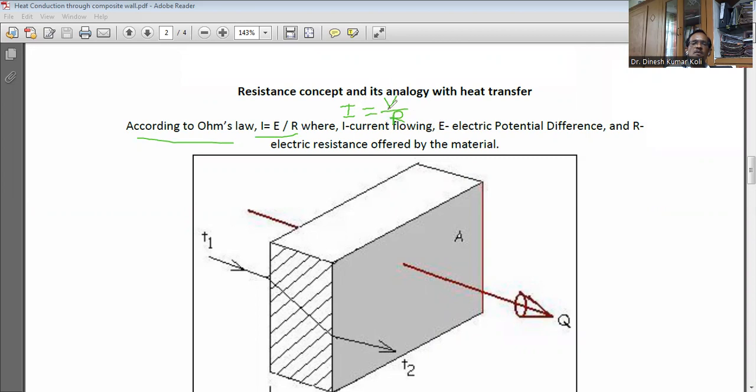So the current flow depends upon the potential difference as well as resistance. Similarly, in the case of heat conduction, this can be written as heat flow rate Q equal to delta T, the temperature difference, divided by R_T, the thermal resistance.